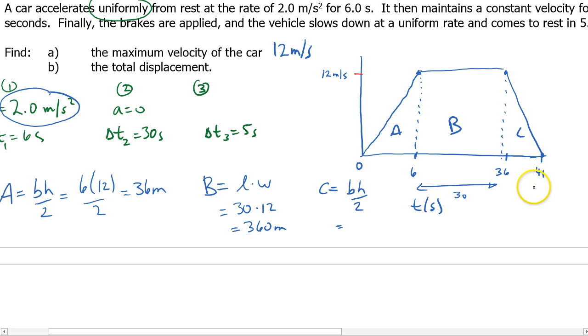The base again was 5, and that height was 12 divided by 2. If I do 12 divided by 2, it's 6. 6 times 5 is 30 meters. So my total displacement will be 36 plus 360 plus 30, which would be equal to, let me see here, 426 meters.